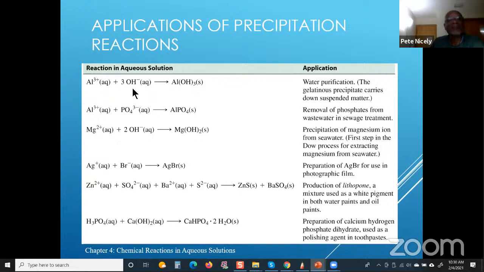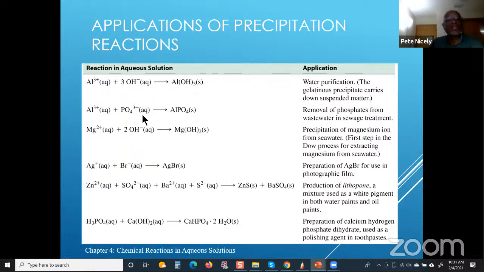Basically, the hydroxide would be added to the water if you have aluminum ions present. You end up with the gelatinous aluminum hydroxide being formed, which would be suspended and can be removed easily. And therefore you would have successfully removed all, if not most, of the aluminum ions present.